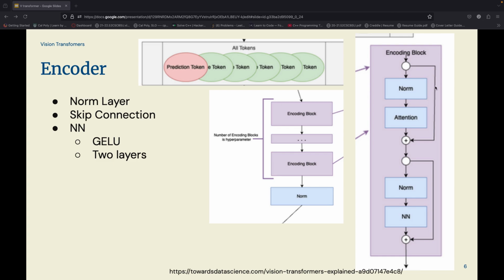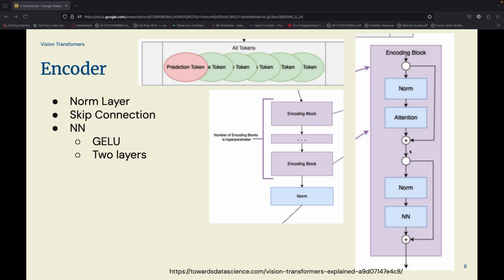We do this because by adding an alternate path for our original data to flow, it helps negate the vanishing gradient problem. I won't go into what the vanishing gradient problem is. I'll just imagine that you guys can Google it yourself.